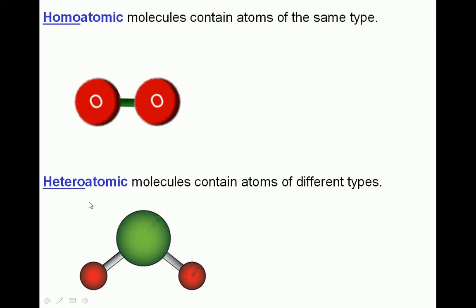Hetero means that there is more than one atom type present. So here I have a water molecule. This large atom here is an oxygen atom, and these 2 smaller atoms here are hydrogen atoms, and so we would classify this molecule as a heteroatomic molecule because there are 2 different atom types. This in fact would be a heteroatomic triatomic molecule because there are 3 atoms present.